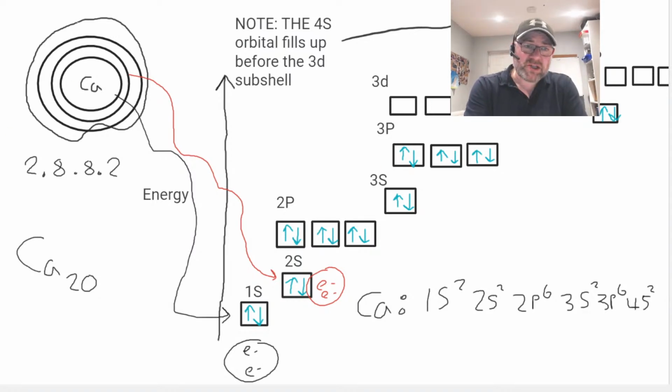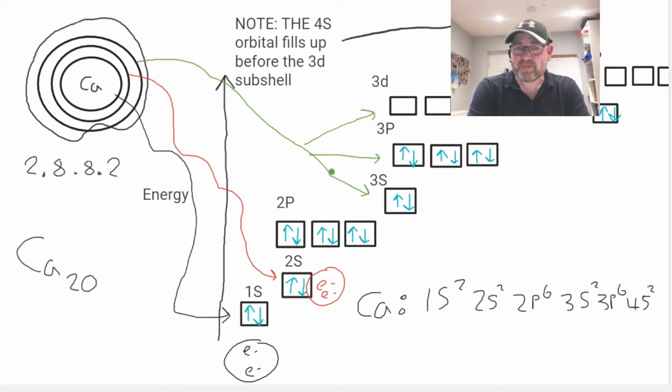The third energy level over here in green, the third ring from the nucleus, has 3s, 3p, and then 3d. So with each ring, a new letter appears. The first ring just has the s subshell. The second ring has an s subshell and a p subshell.